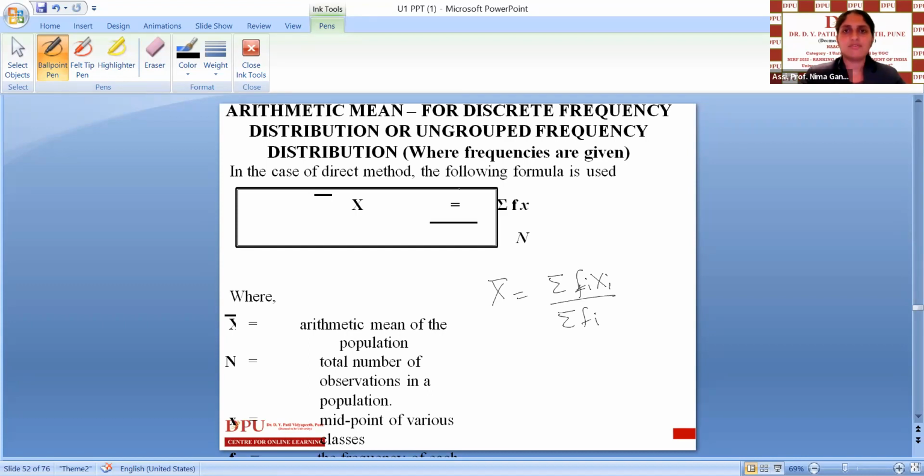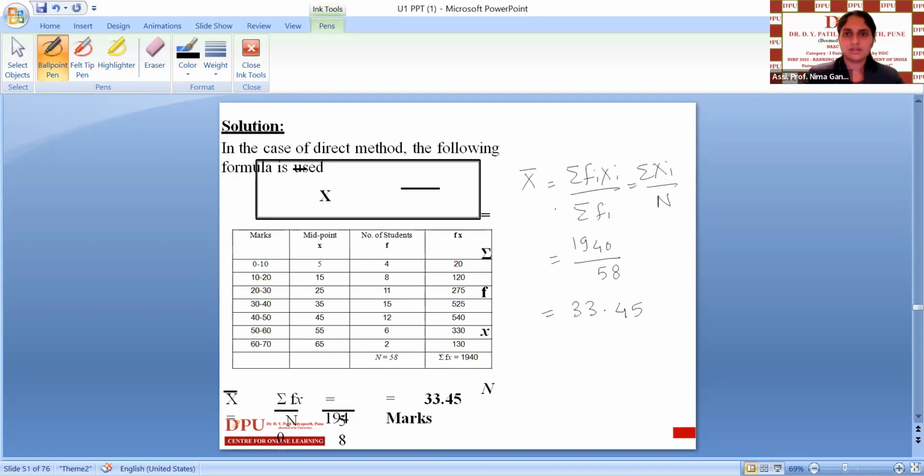In this formula, what is your numerator? Summation of fi xi, that is 1940. What is your denominator? The denominator is the summation of frequencies. So where is the frequency column? It is here. The summation of the frequency is 58.